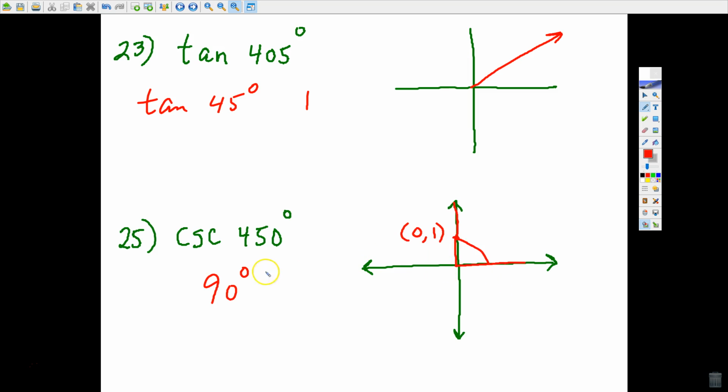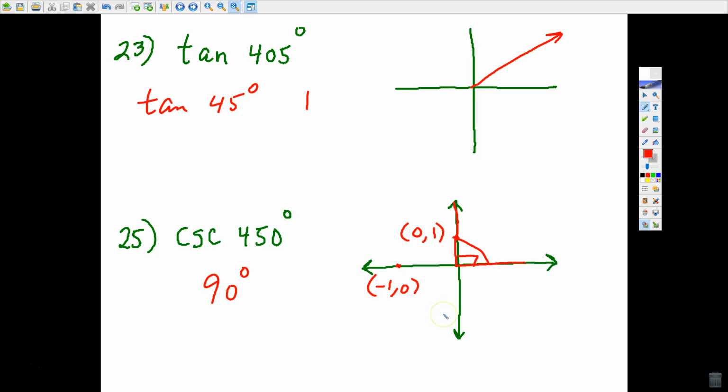So when you're looking at these quadrantal angles, you can use these ordered pairs to represent cosine and sine. Remember, cosine relates to x, sine relates to y. So for that quadrantal angle, the 90 degrees, cosine is 0. Sine is 1. Okay, let's just go all the way around.